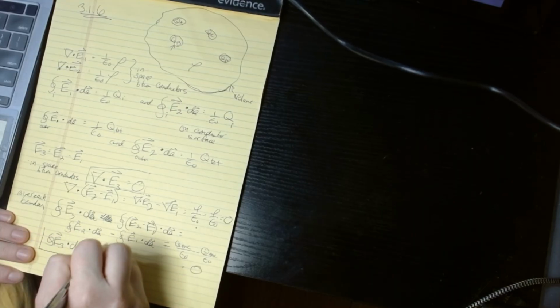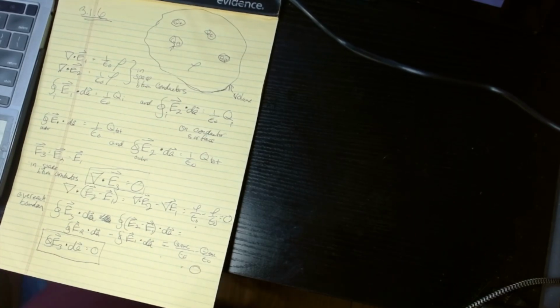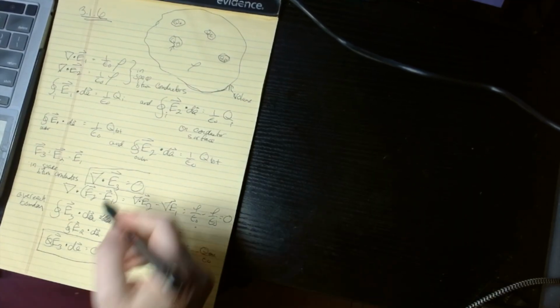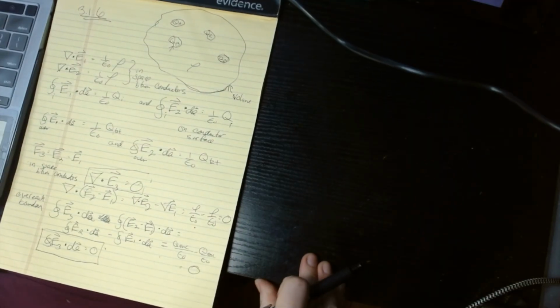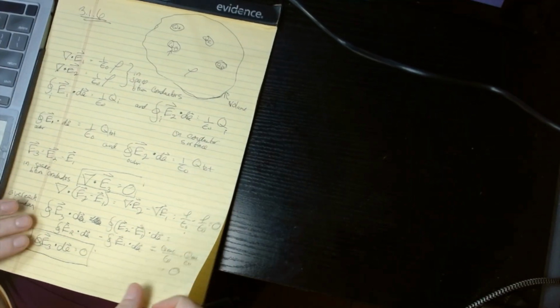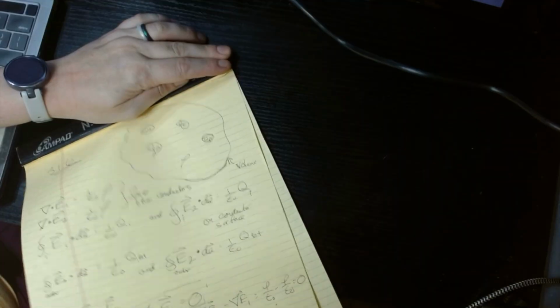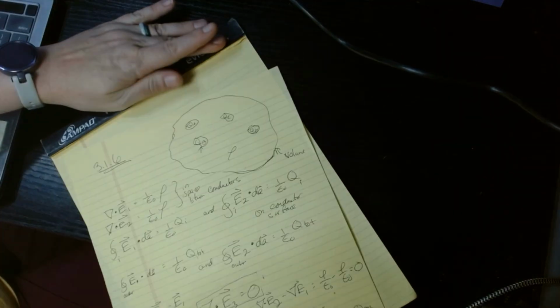All right. So this third field, which is the difference between the two fields that we are claiming are solutions, has these two properties. Okay, let me take this out. I'm going to leave this over here.